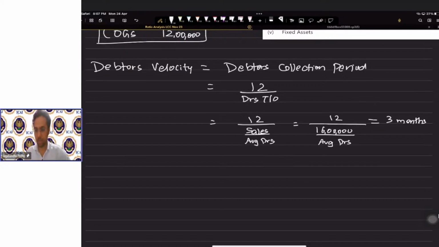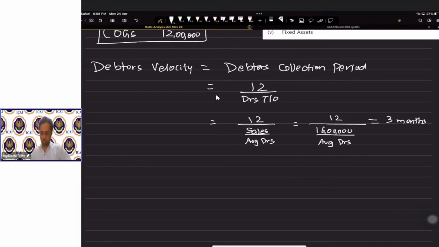So now remember, when we are using this debtors turnover, as I said, debtors velocity is just the debtors collection period.